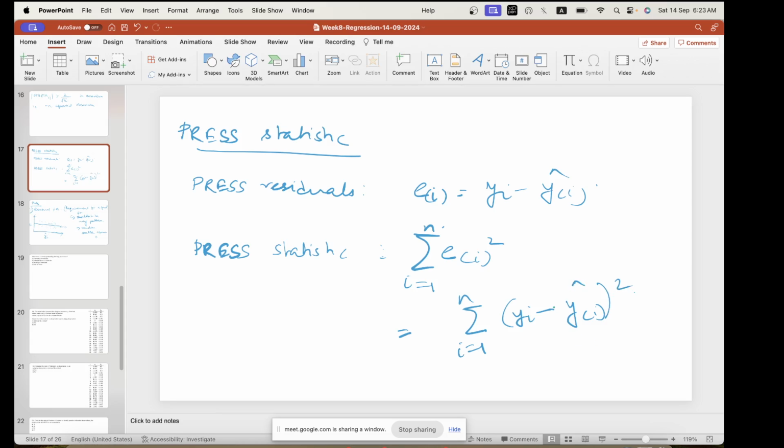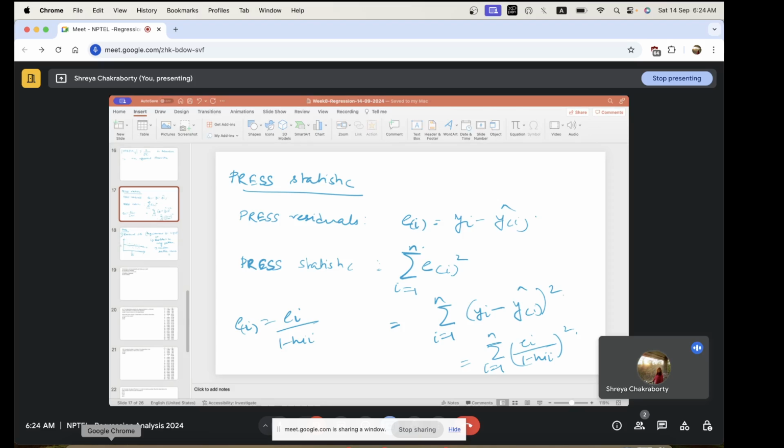Since we know that e(i) equals ei by 1 minus hii, we can directly substitute it over here, and that would be summation i equal to 1 to n of ei by 1 minus hii, whole square. And this is nothing but the PRESS statistic.